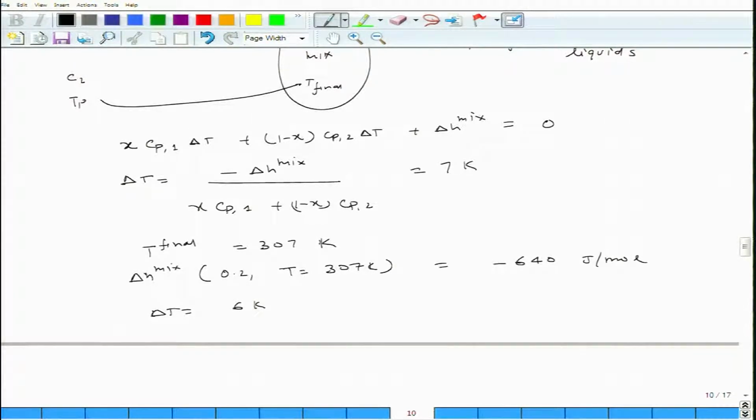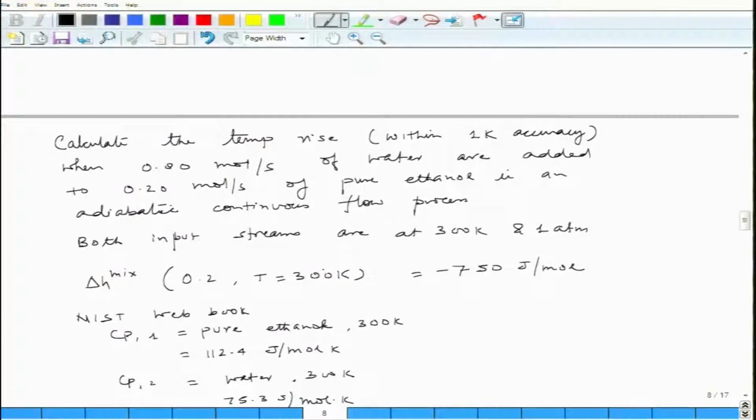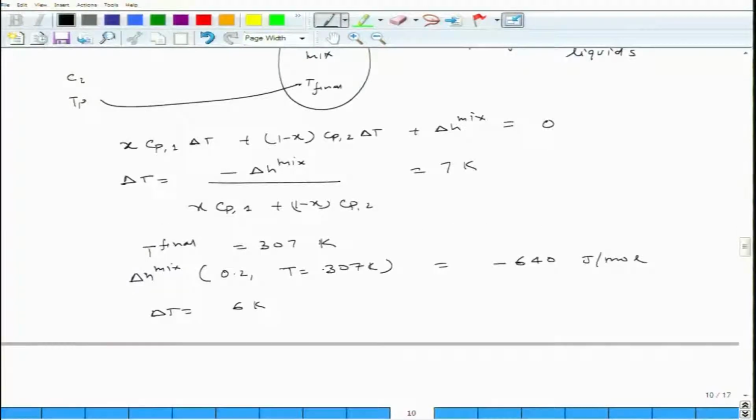So, the change from the first iteration to the second iteration is 1 Kelvin, and since the question was that within 1 Kelvin accuracy we wanted to find the temperature rise, we can stop here because we have got a value of 6 Kelvin. Okay. So, we got the change in temperature, giving 306 Kelvin.